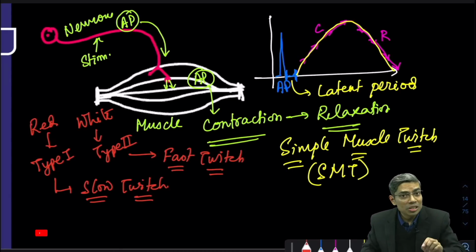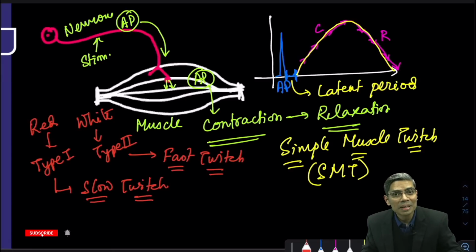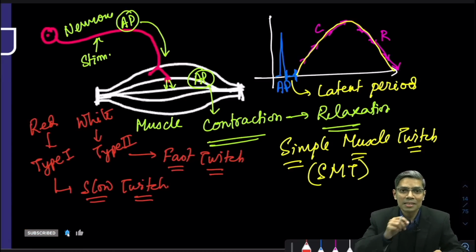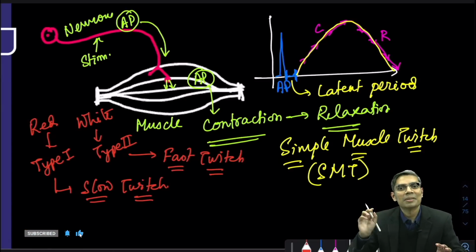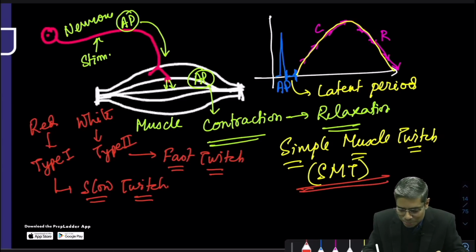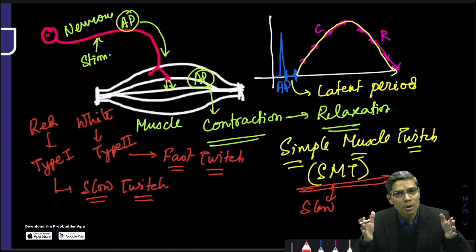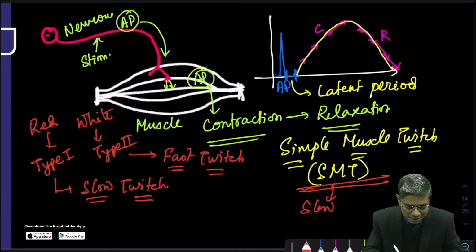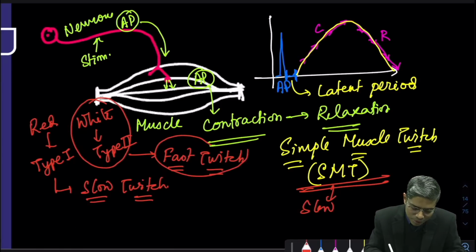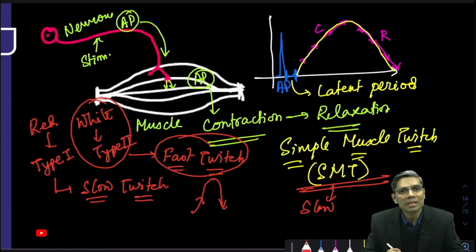Now, what do you mean by slow twitch? It means the contraction and relaxation process, the simple muscle twitch, will be slow. Slow means the time duration will be prolonged. And the white muscle, type 2, is the fast twitch, meaning contraction and relaxation both will be rapid.